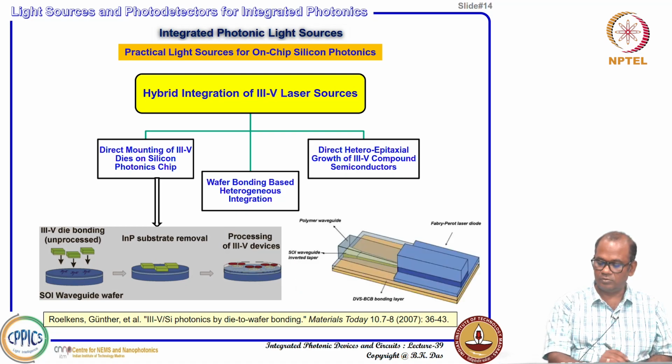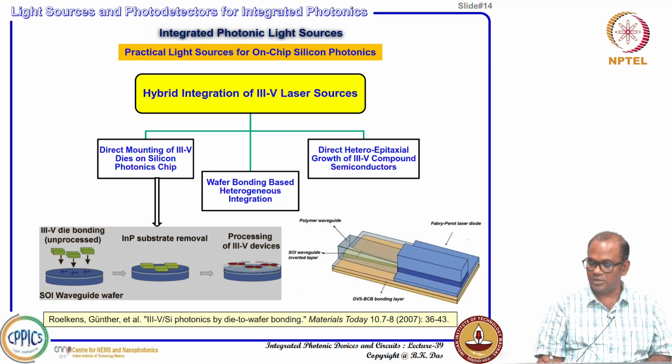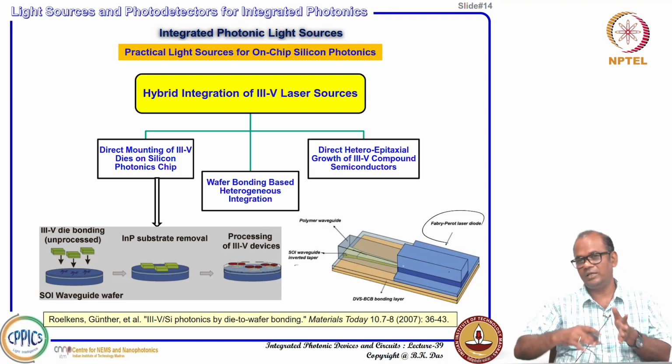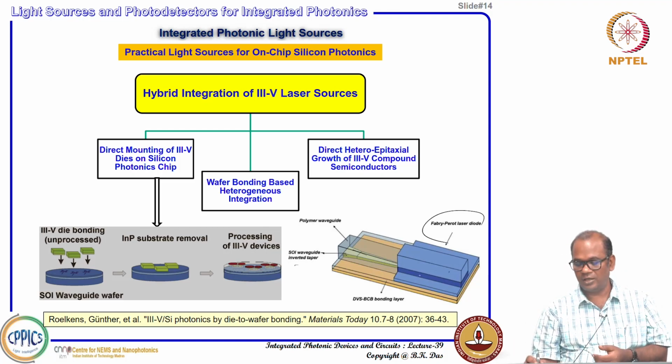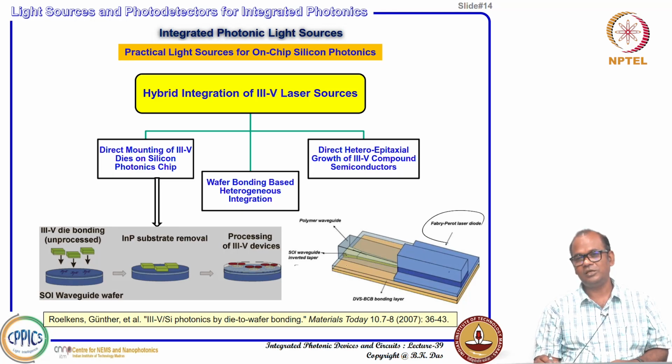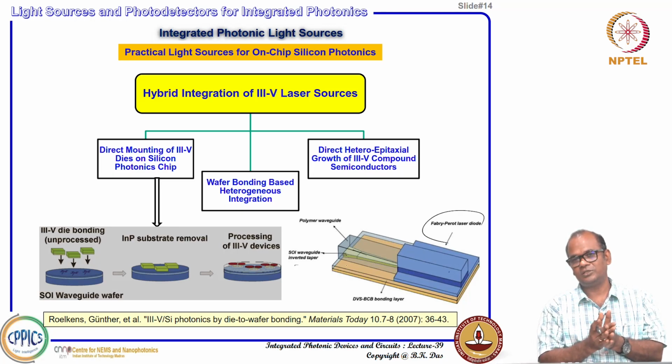All right. So, you see sometimes the Fabry-Perot laser diode, how it is just mounted here, and this is your SOI waveguide, and an inverse taper is there. Normally when the laser emits, the cross section is in the order of a micrometer or so, but in silicon photonics the cross section is some micron.